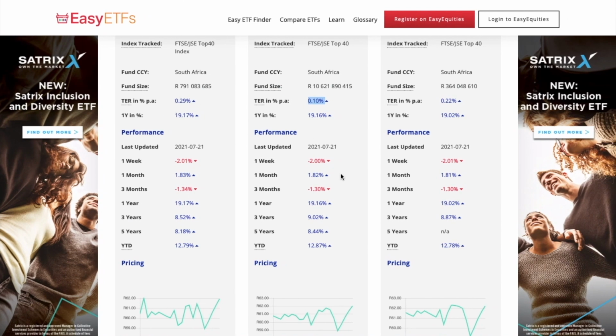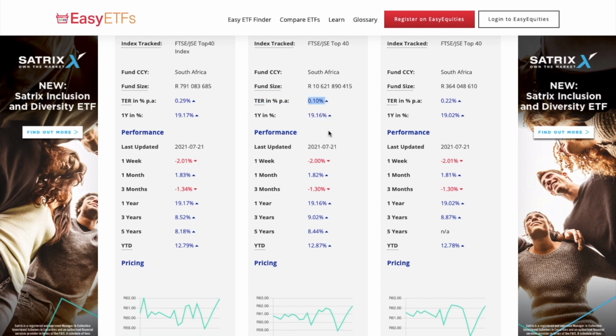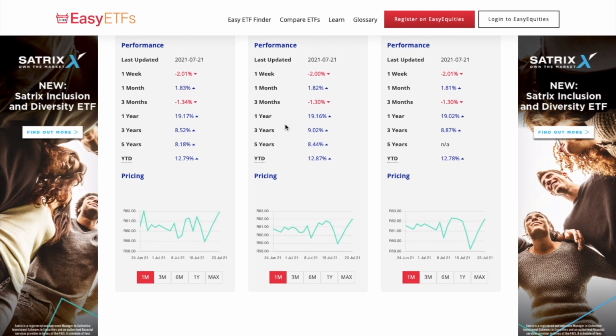And if we look at the performance, it's only 0.01% difference between One Invest and Satrix. So if we minus the TERs from the 1 year performance, Satrix far outperforms the other two funds.